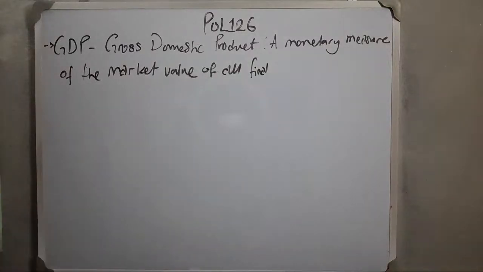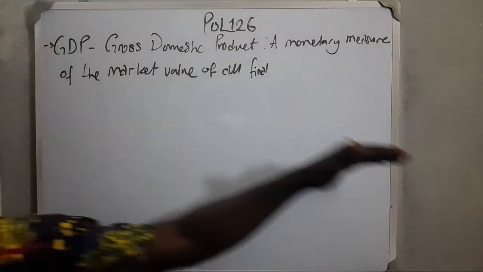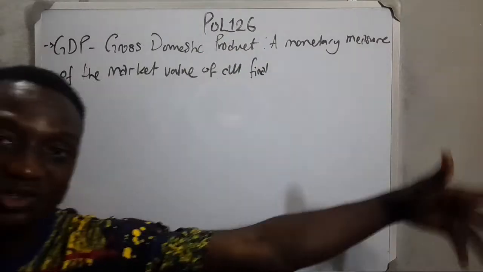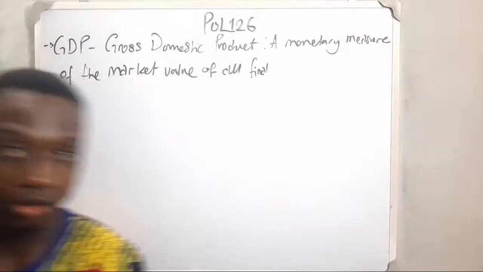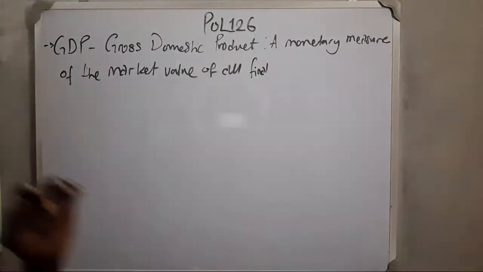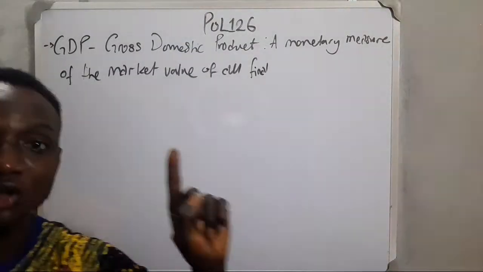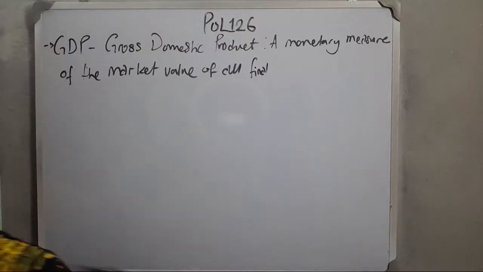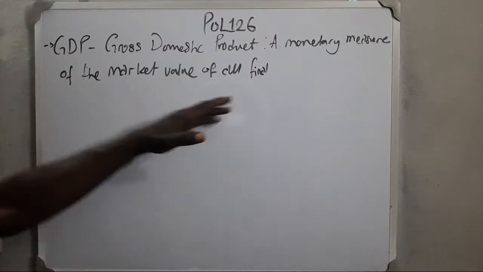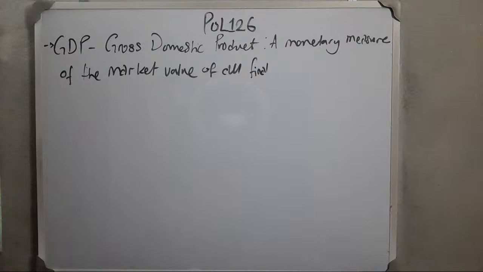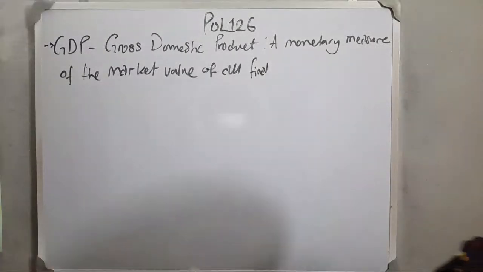A good can be said to be final only when it has reached the final stage. Any work-in-progress production does not enter GDP. The goods that hit GDP are those for which the transformation process is complete.